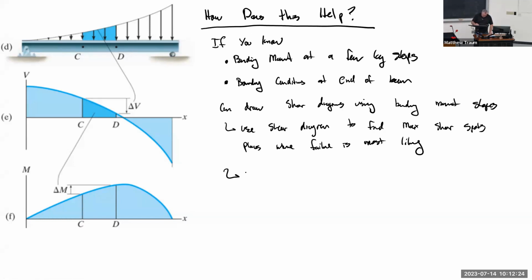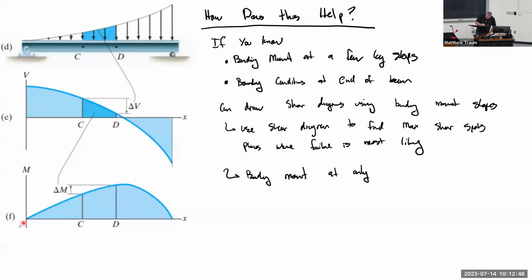And then you can take the bending moment at any location. Oop, that's the word location, but I did not write it very well. Let's see if I can do this. Okay.